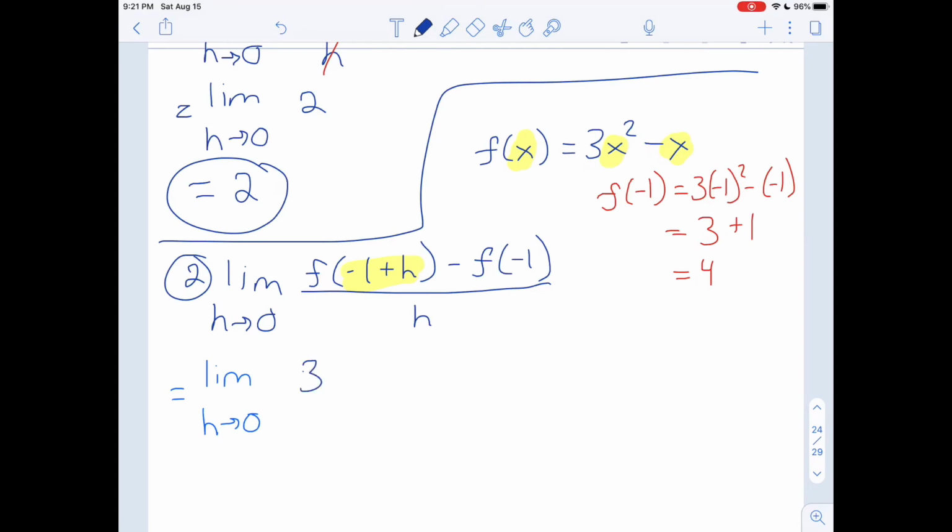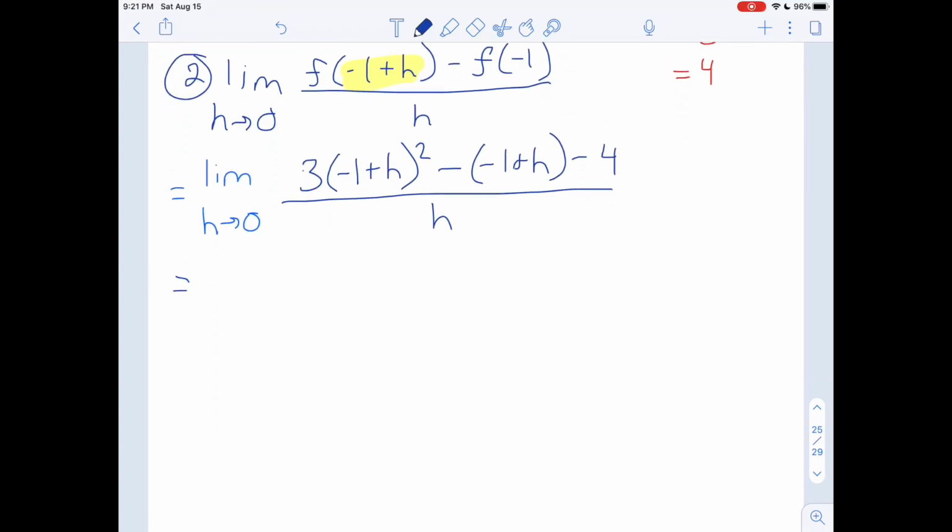So 3, and not x anymore, I'm going to replace it with negative 1 plus h squared. And then minus not x, but negative 1 plus h. And so that'll take care of this f of negative 1 plus h part. We still have to subtract the 4 that we said was our f of negative 1 here. And then we're going to divide everything by h.